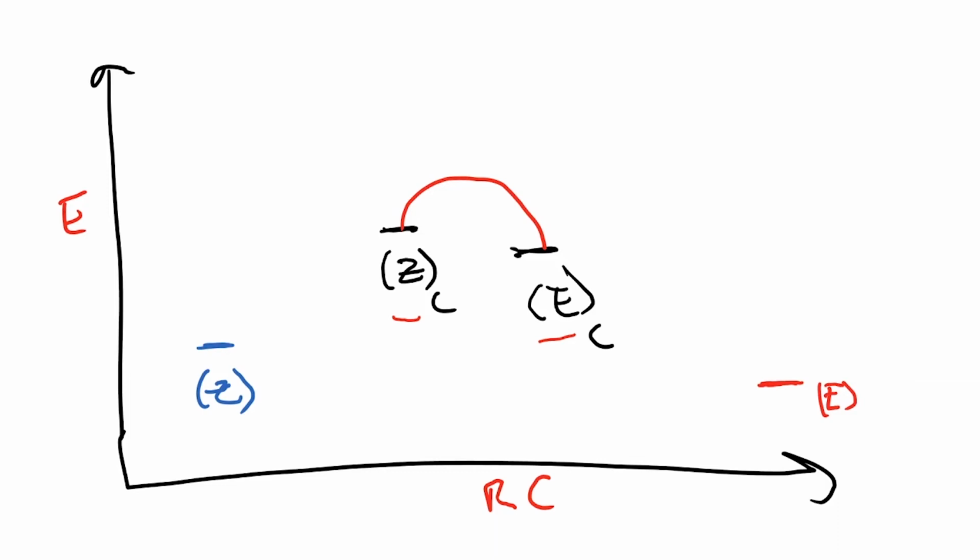So if E is the major product that is being formed, then the rate at which E is being formed is substantially higher than the rate at which the Z is being formed. Okay?